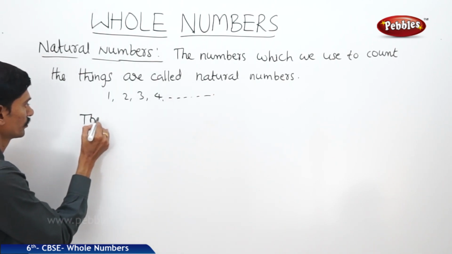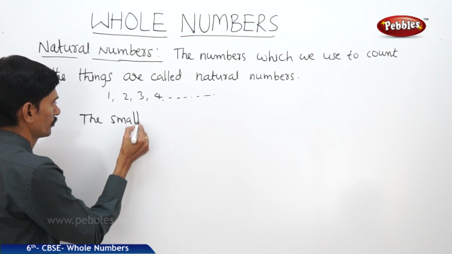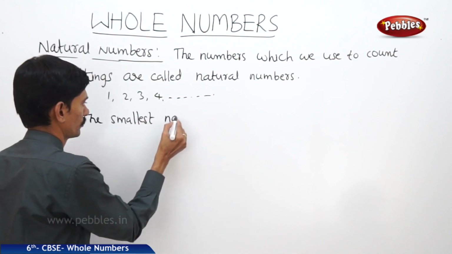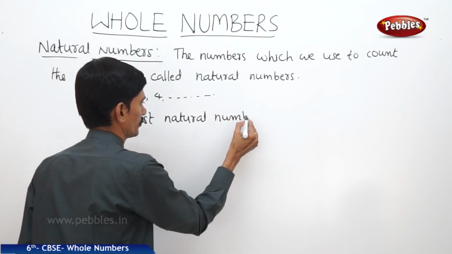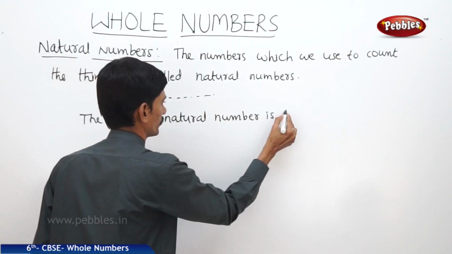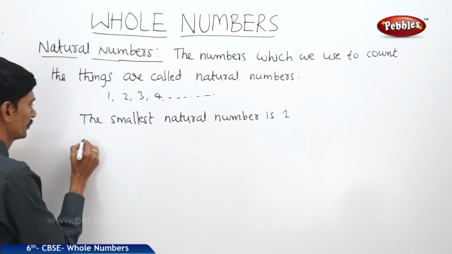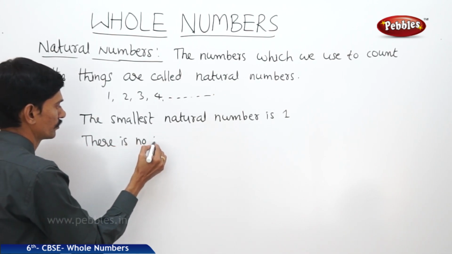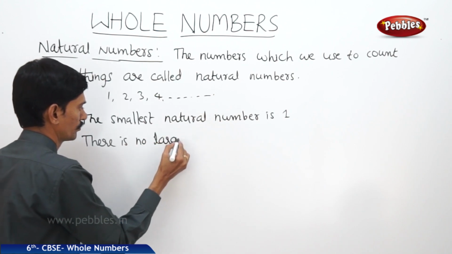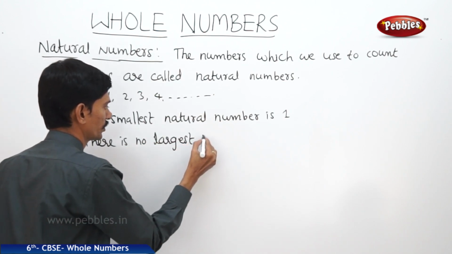The smallest natural number is 1. There is no largest natural number.